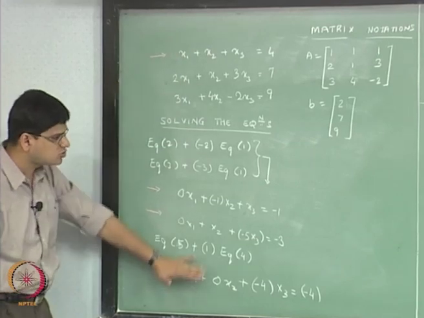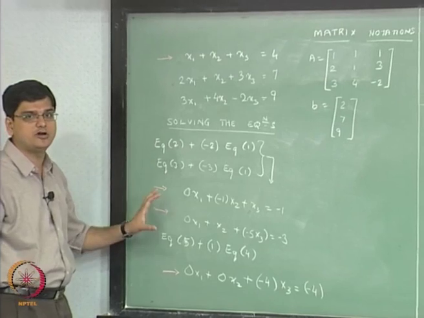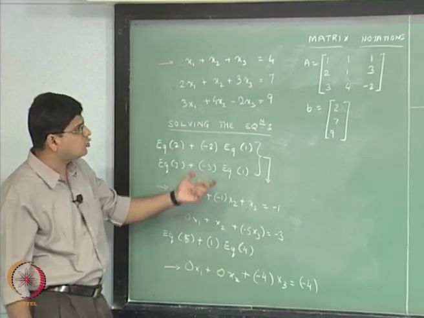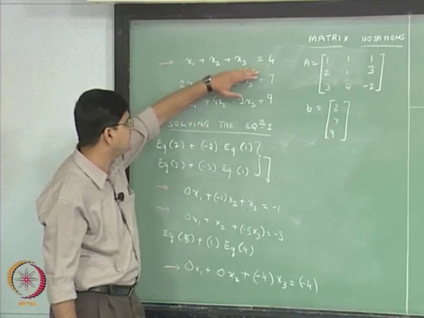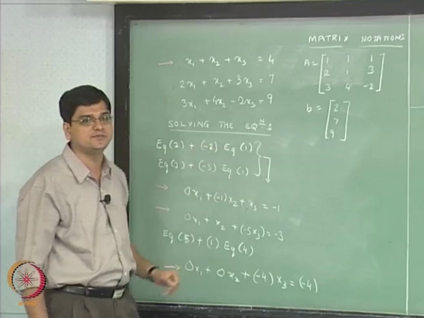What I have done so far are the steps involved in getting a triangular matrix for the matrix A. Keep in mind that the same row operations that we use for the matrix A, we are applying to the matrix b as well.